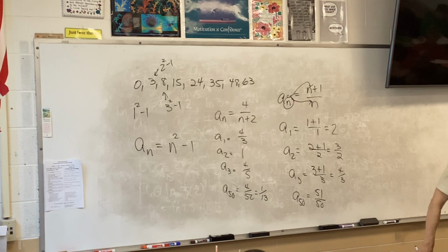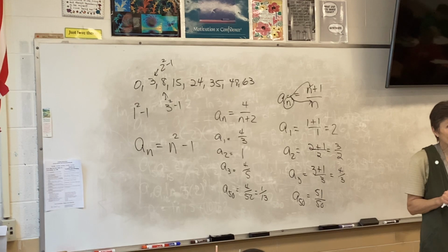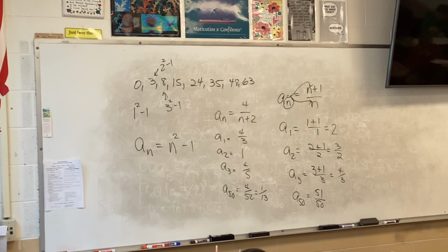What about B though? What are those numbers doing? They're getting smaller. So the limit is 0, because they're getting smaller, but will they ever be negative? They just keep getting closer to 0, so the limit is 0.